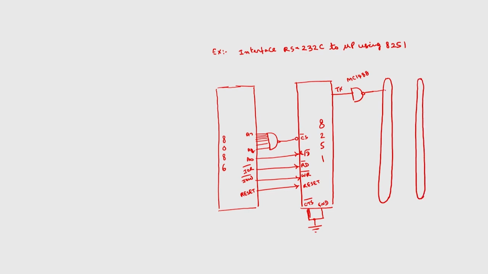I will show only 3 signals: transmit, signals 2, 3 and 7. Signal 7 will of course be connected to the ground point.